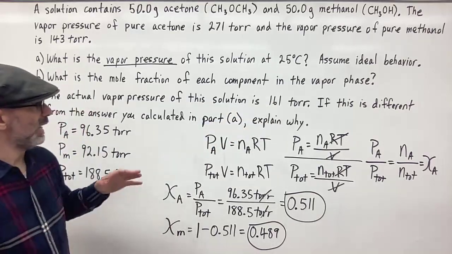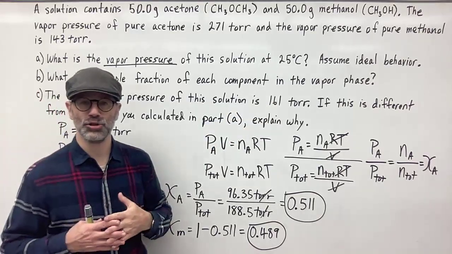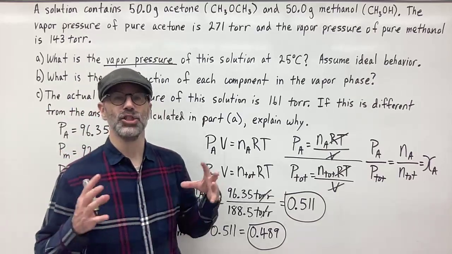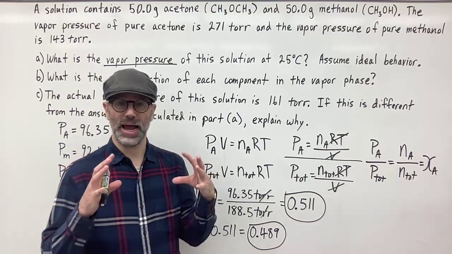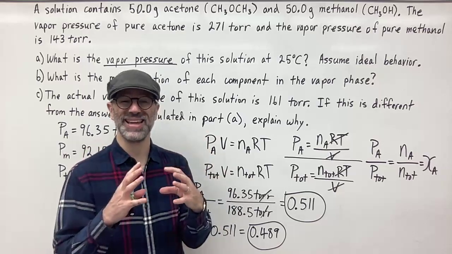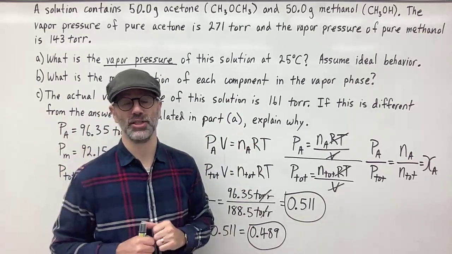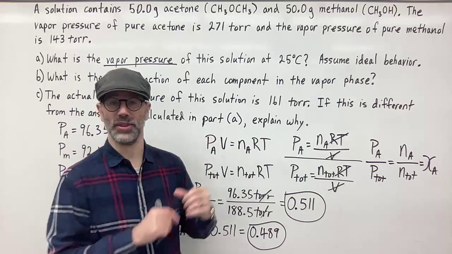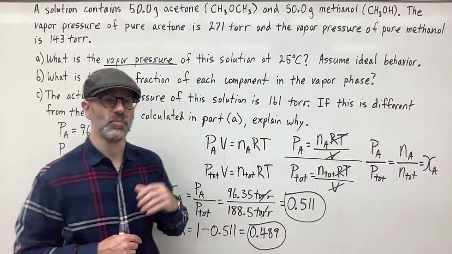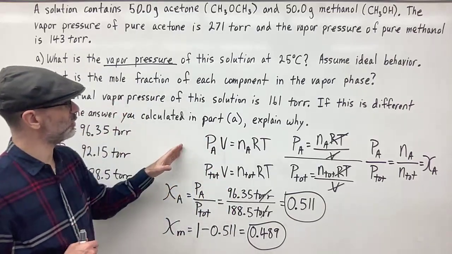Well, in an ideal solution, we are assuming that the strength of the interactions between the particles when they're mixed is the same as when they are only with each other in the pure substance. That doesn't seem to be the case.